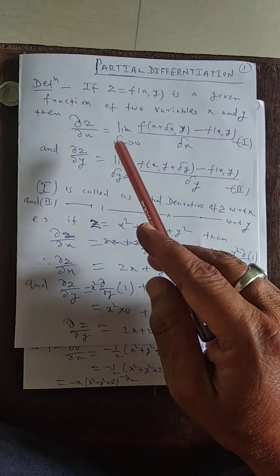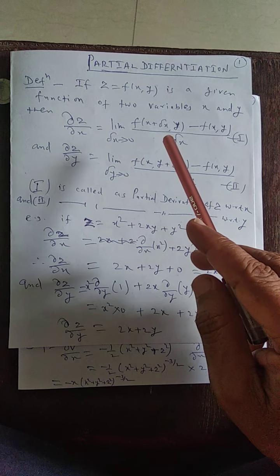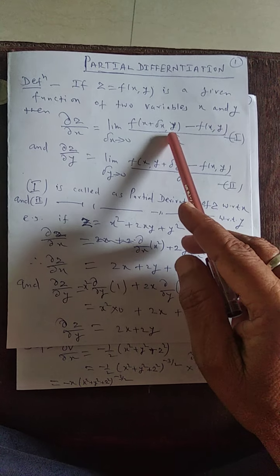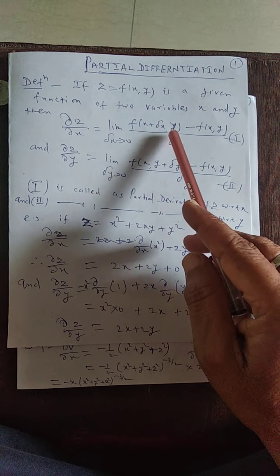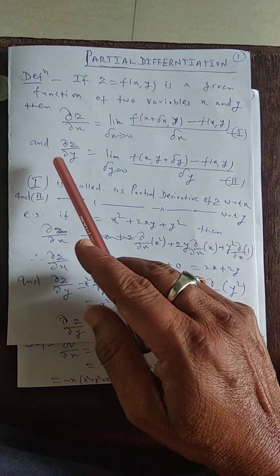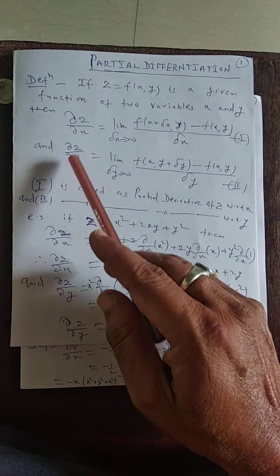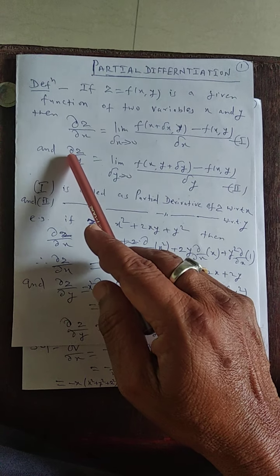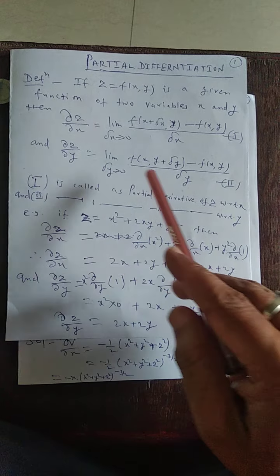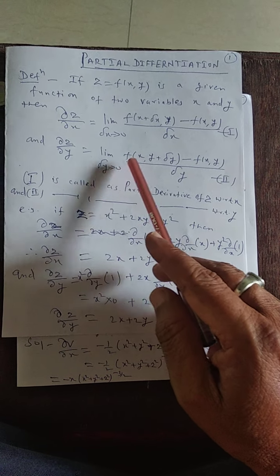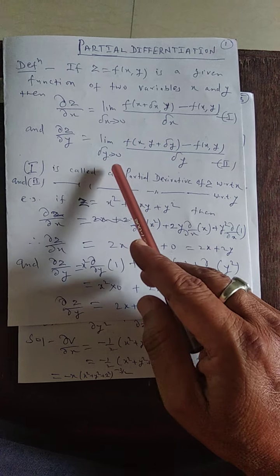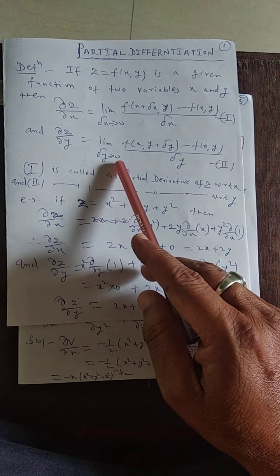So dou z by dou x is equal to limit of f(x plus delta x, y) minus f(x,y), there is no change in y here, y remains the same, divided by delta x as delta x tends to 0. Similarly, the partial derivative of z with respect to y is written like this: dou z by dou y, limit of, x is constant here, f(x, y plus delta y) minus f(x,y) divided by delta y as delta y tends to 0.